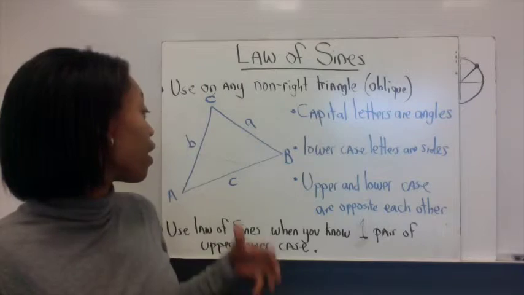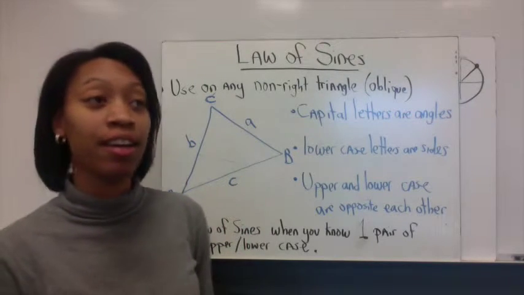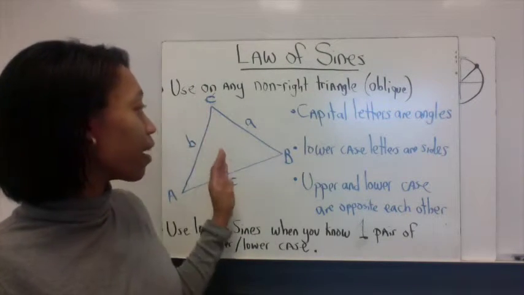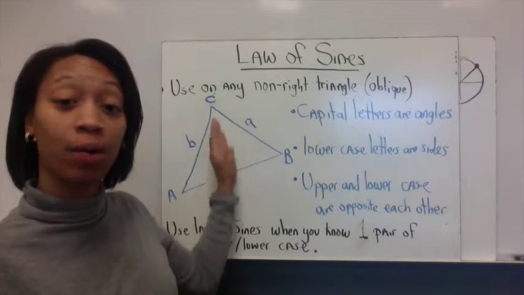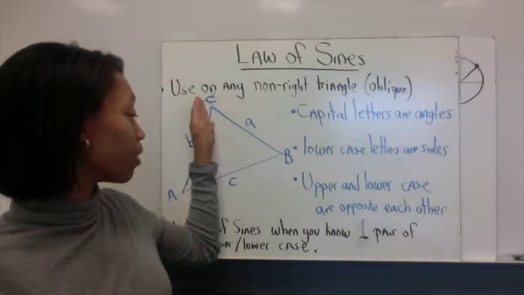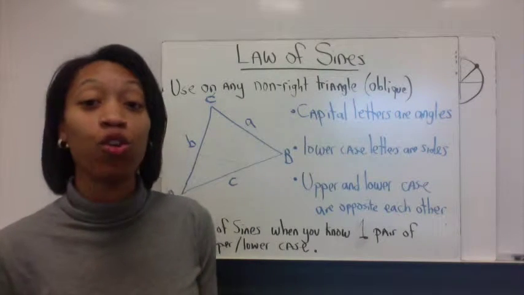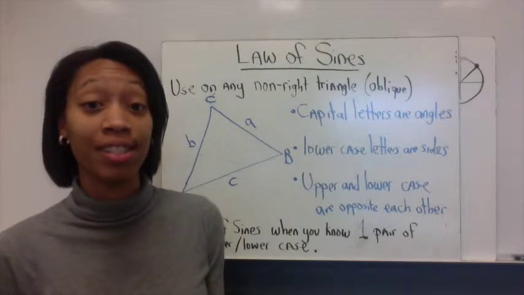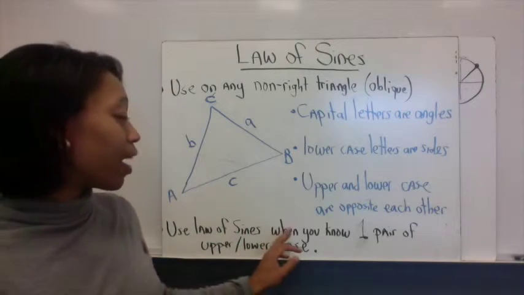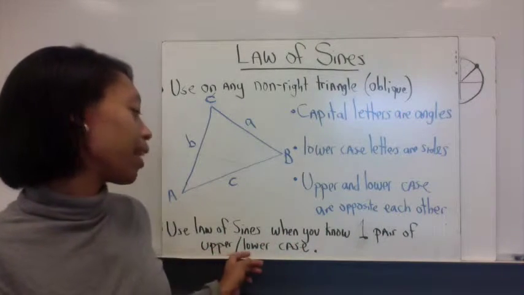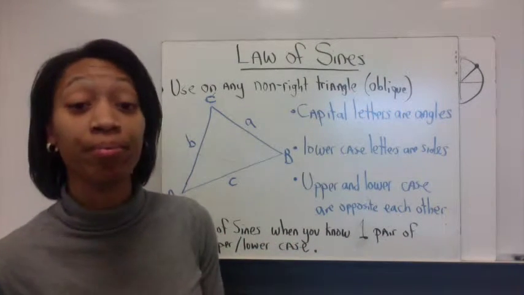And if you look at the information you're given and you know one pair of uppercase and lowercase letters, like maybe you know the angle C and also the side c, that's when you'll be able to use the law of sines. Use the law of sines when you know one pair of uppercase and lowercase letters.